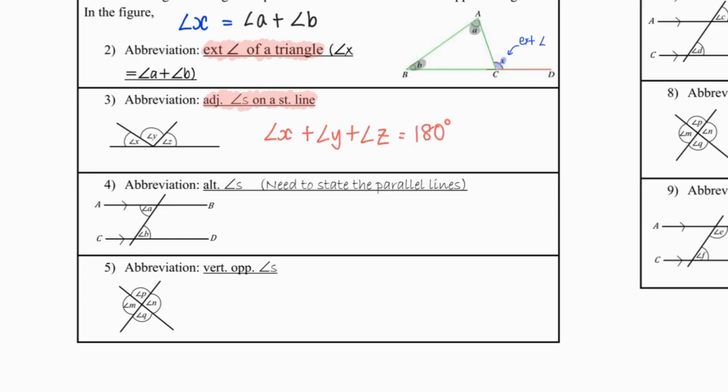We also so far have learned alternate angles, and we do need to state parallel lines, meaning alternate angles look like this. You should see a Z. So angle A is equal to angle B in this case, because they are alternate angles, AB is parallel to CD. Okay?